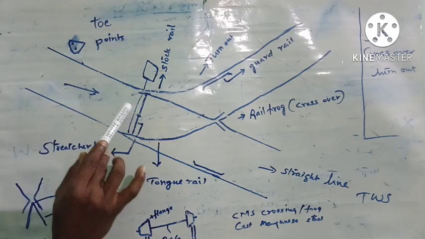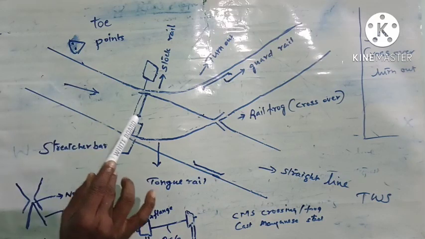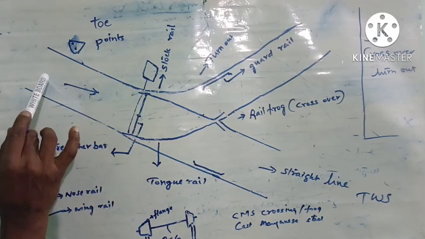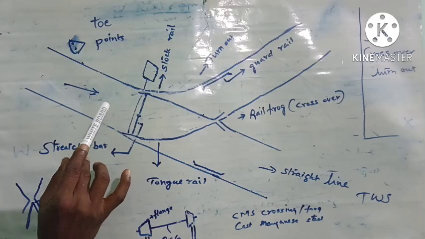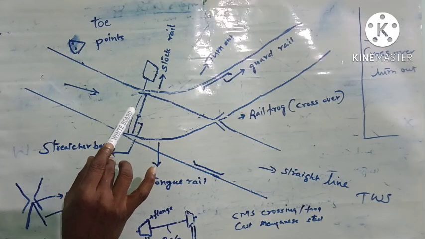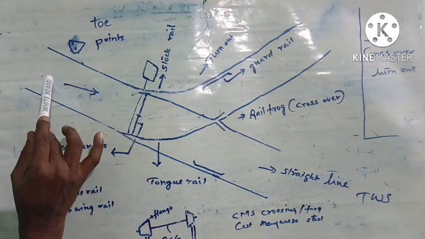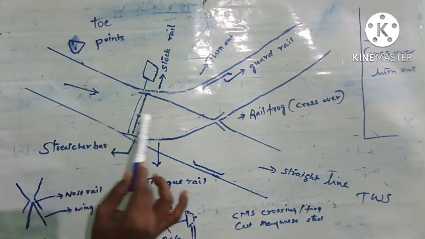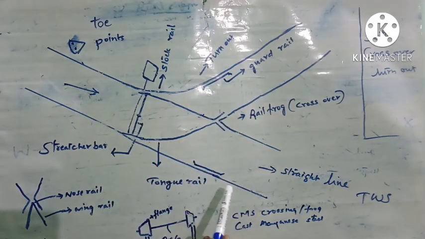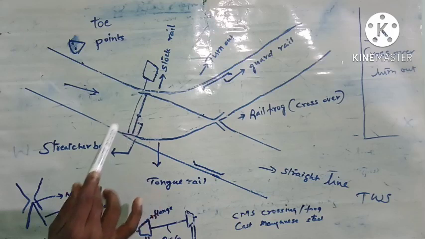In that case, the train is said to be coming in the facing direction, and the point is said to be a facing point. Also, when a train can be directed to two routes, then also the point is called a facing point.